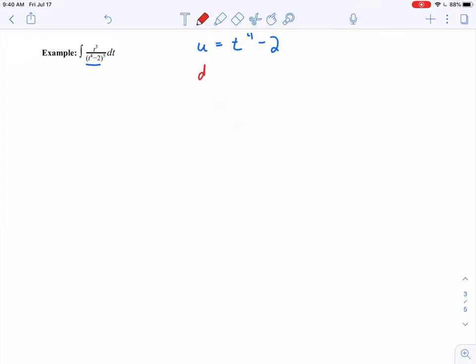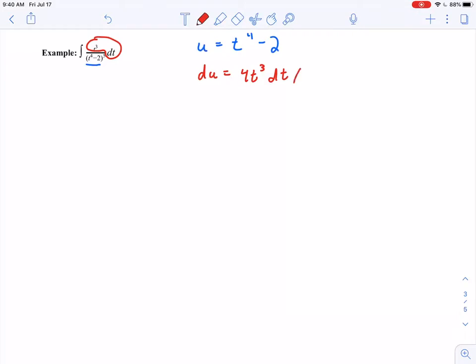And then du, of course, will be 4t cubed times dt. So I see, well, I have t cubed dt, which isn't as big of a problem as we had in the last one because I can just get rid of the 4. That's the piece that I want to get rid of.